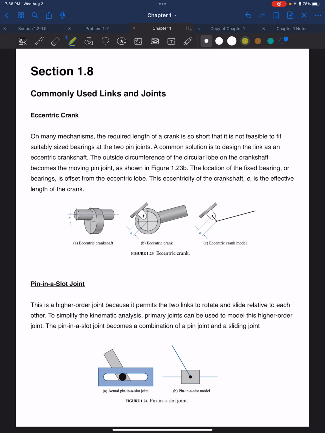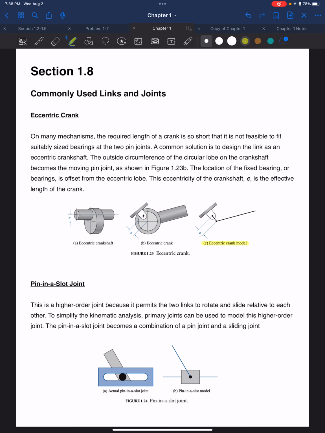So a common solution is to design the link as an eccentric crankshaft. We can see down in our image 1.23 two representations of an eccentric crankshaft, and we can see C, the model.